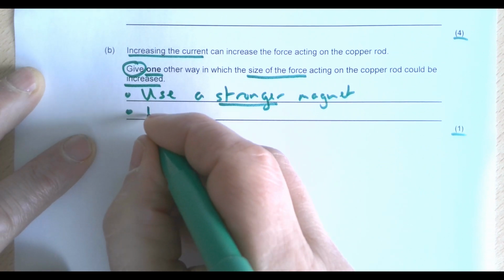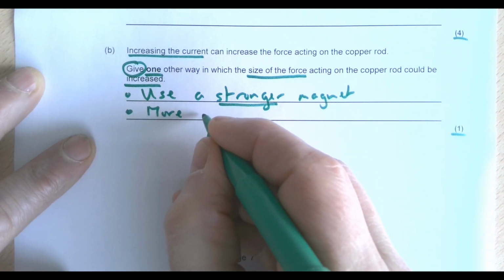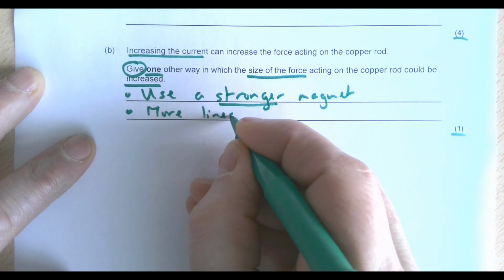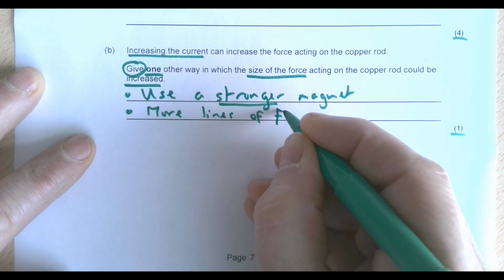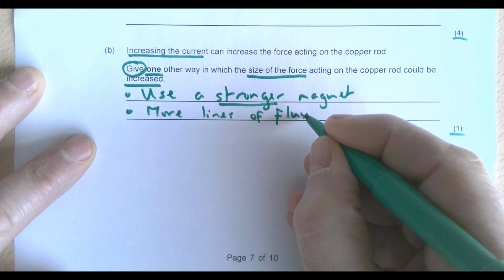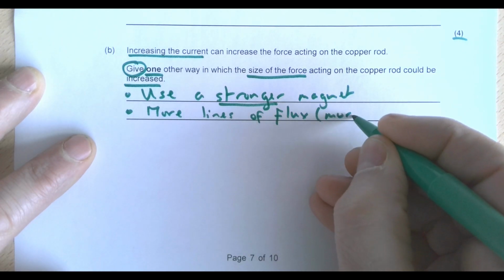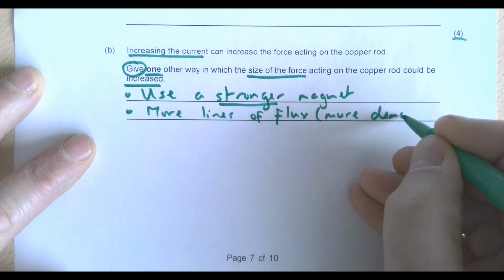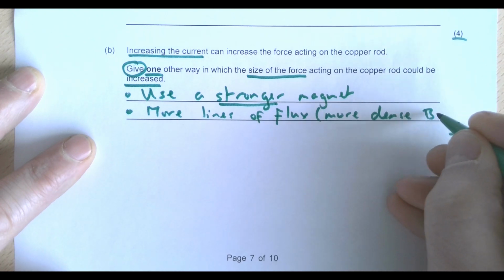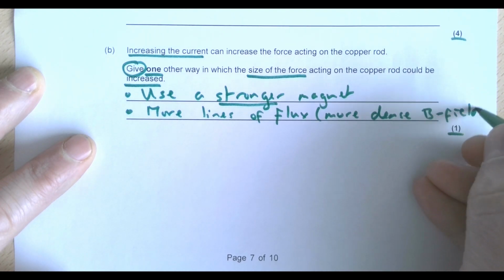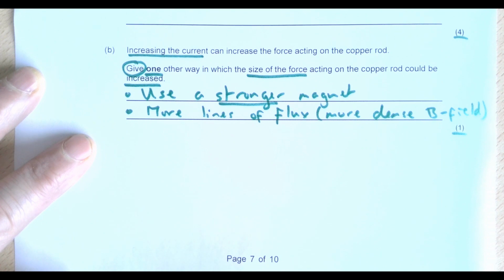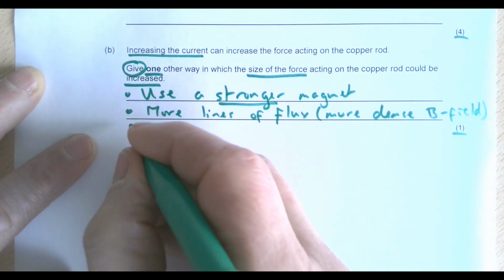A stronger magnet would have more lines of flux, or you could say a more dense B field, magnetic field. That would do the same thing. What else could I say?